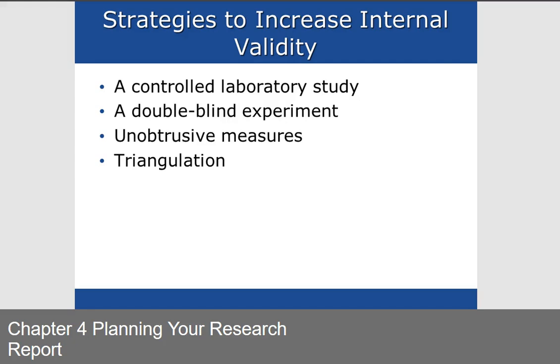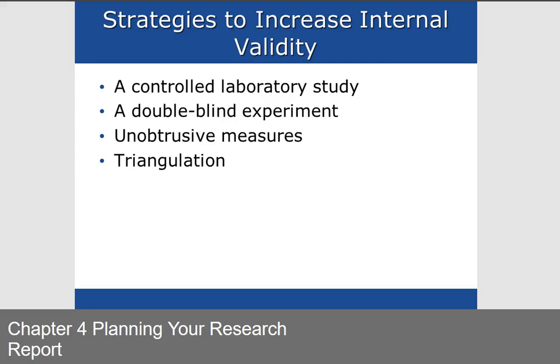And then finally, triangulation, which just refers to having multiple sources of data. So not just self-report data, for example, but if we're looking at parent-child interactions, we want information from the parent, information from the child, maybe from a third party, from another family member, to really triangulate and see if you're having a similar pattern.